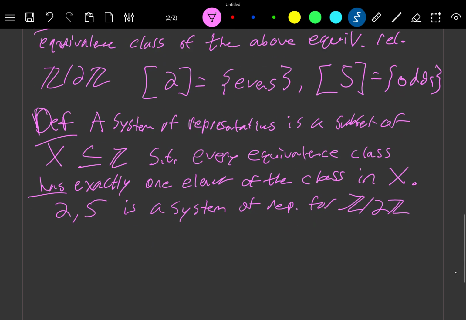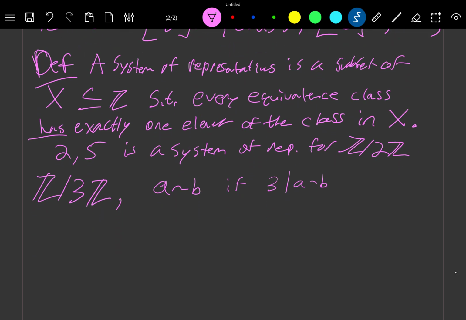So that's an example. Maybe let's also look at Z mod 3Z. If we look at the condition that we have a is equivalent to b if 3 divides a minus b, what are the options here?